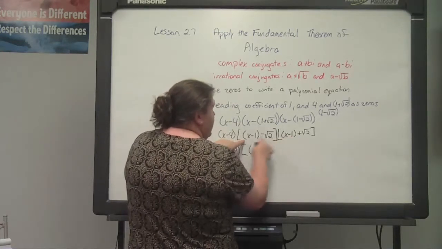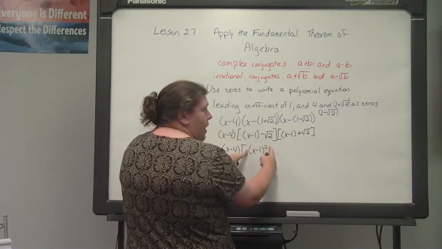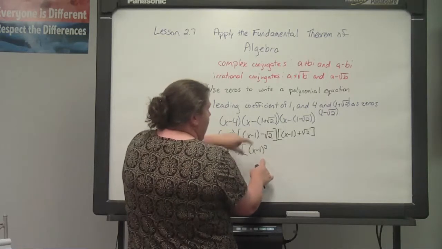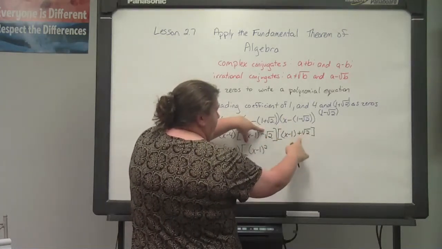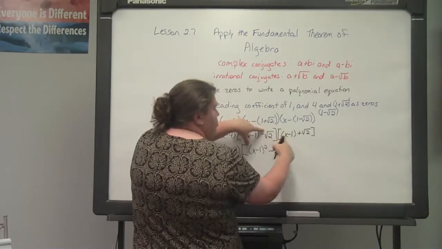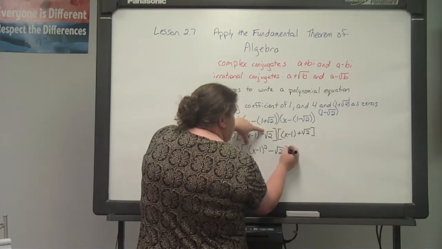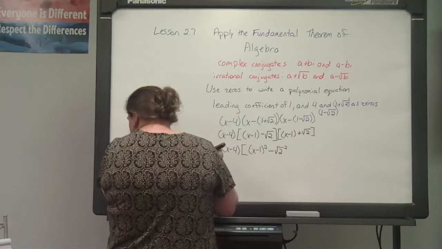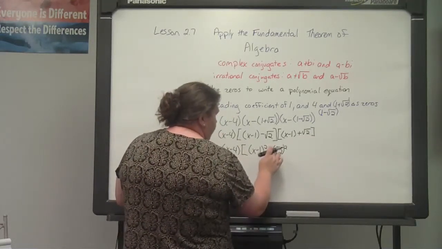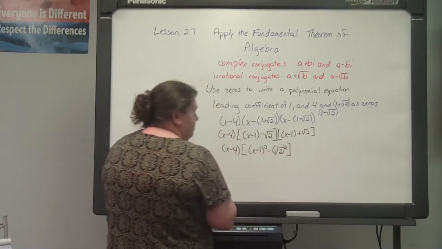I'm going to put both of these into one set term with a power. Then I have a negative times a positive still gives me a negative. And then how many square root 2's do I have? I have 2. So I can say square root 2 squared, and I'm going to put this in parentheses also. Now, my bracket can close.